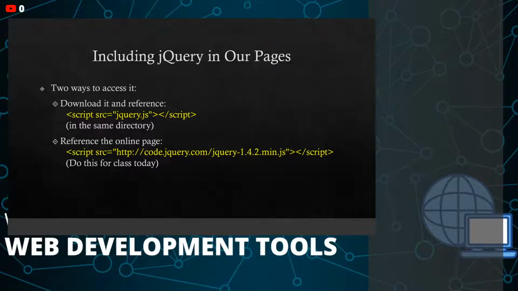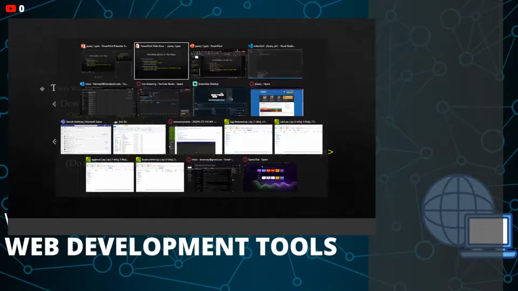So what we need to do is reference the online page, which gives us a version through the CDN. And the version that we see here is very old. In order for us to do that, we would rather go to the jQuery.com website, which is here.